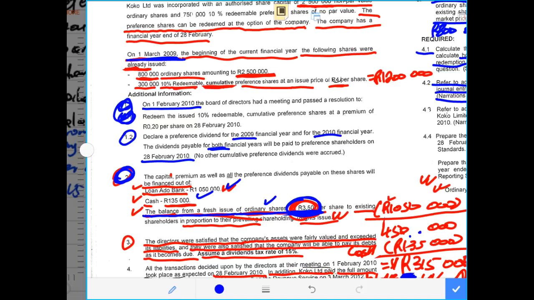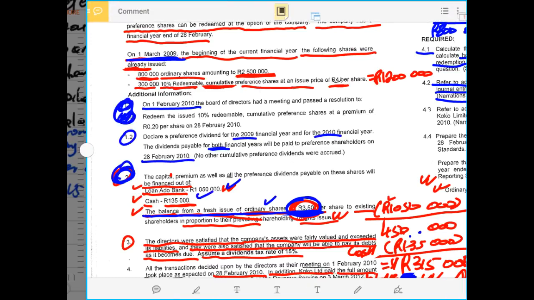So now let us start from number 1 and number 2 before we go to number 3. Number 1 is when the company starts to declare the redemption and declare preference dividends.